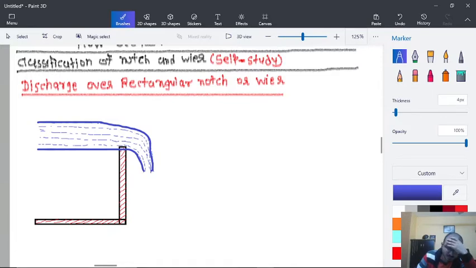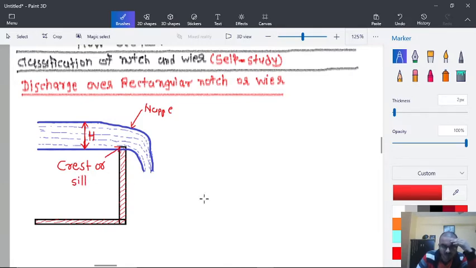This will be the height, h, this portion is known as nappe, and this portion is known as crest or sill.